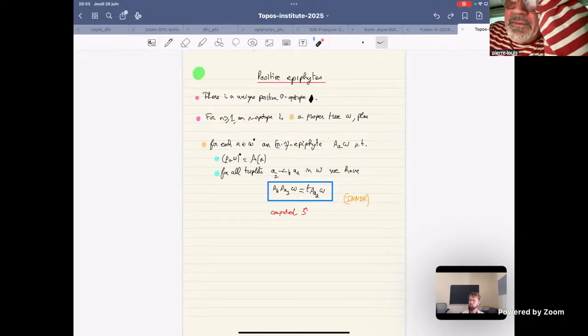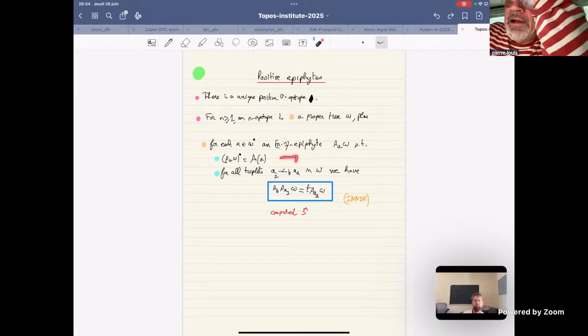So every node comes with an associated n-1 epiphyte, which we write like this: the source of omega at A. That has the property that the nodes of this, because being an epiphyte, it's itself a tree, so the nodes of this tree should be exactly the arity of A. And also, we have some condition on the triplets of this tree.